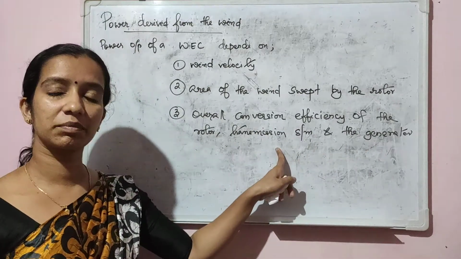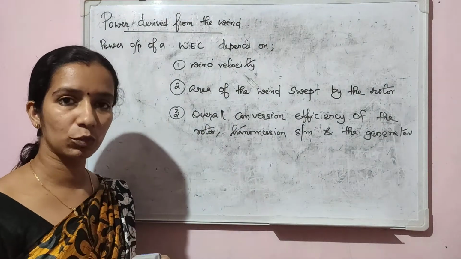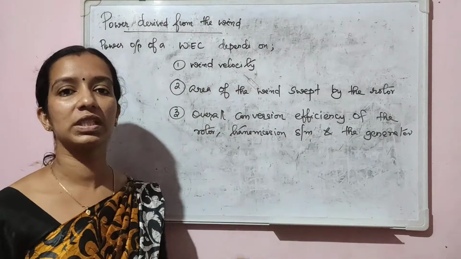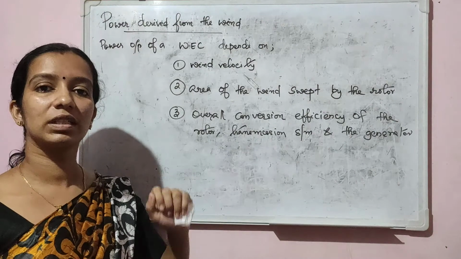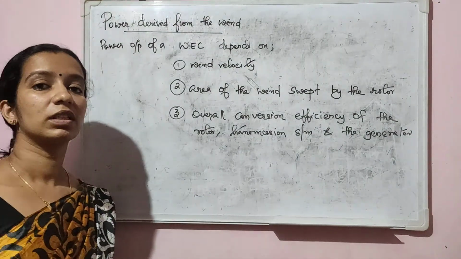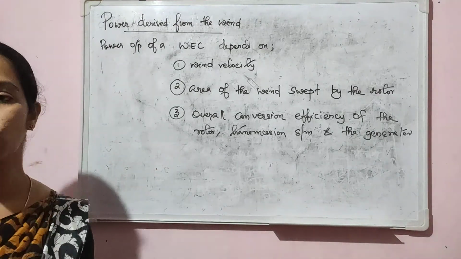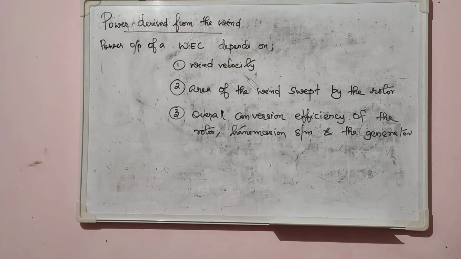The transmission system means the system used for transmitting this rotational motion from the rotor to the generator. So this includes the gears. So these are the three factors on which the power output of a wind turbine depends. Now let us move on to the derivation part.